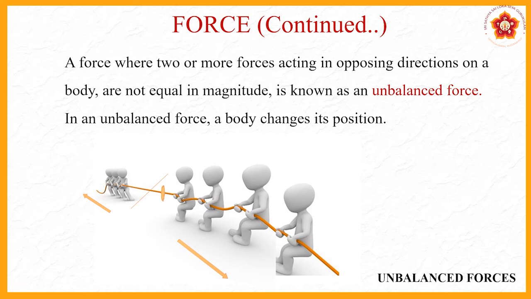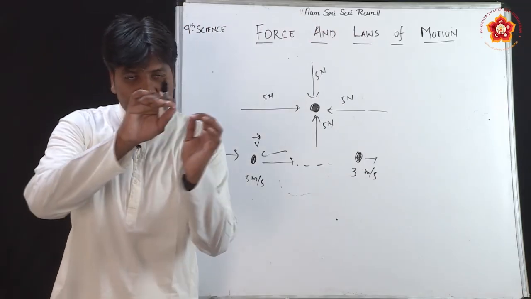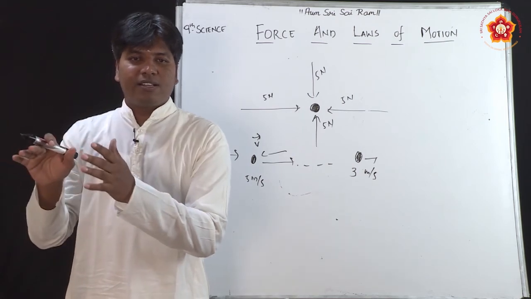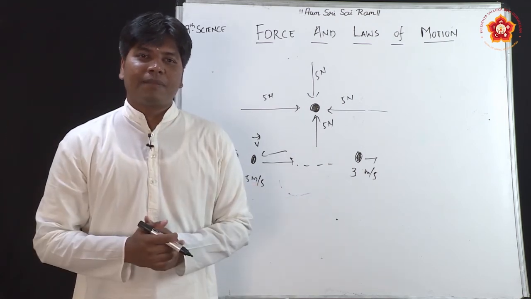This is unbalanced. Previously you had 2 men on the left side and 2 men on the right side of equal potential. Now you can see 4 men on the right and 3 men on the left, which is unbalancing the strength. That is the unbalancing of the force. So the thread is coming towards the 4 men who are pulling it. Hence they will win, right?